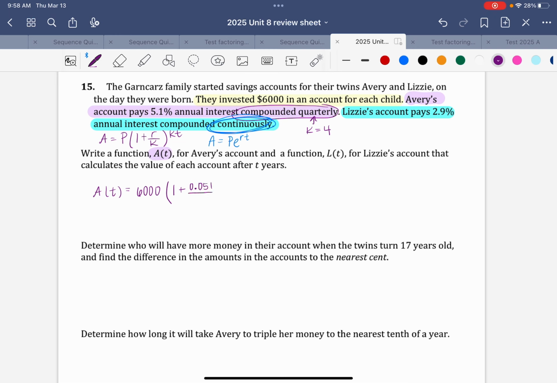We said K was 4 because they're compounding it quarterly, so 4 times per year. And then that's going to be to the 4t power. Okay, so there's the formula for Avery.